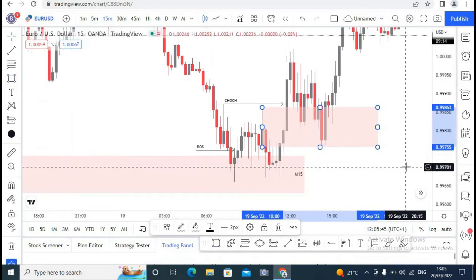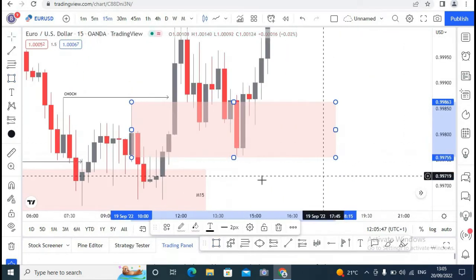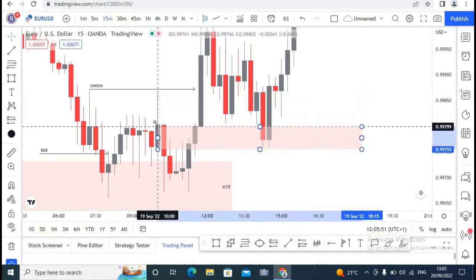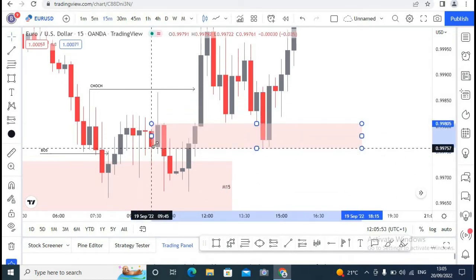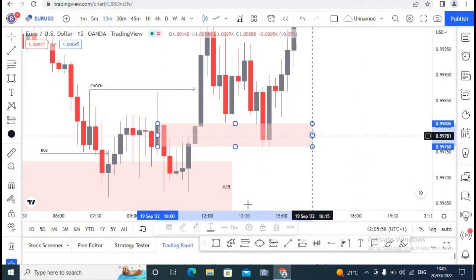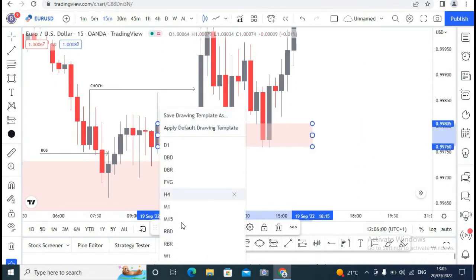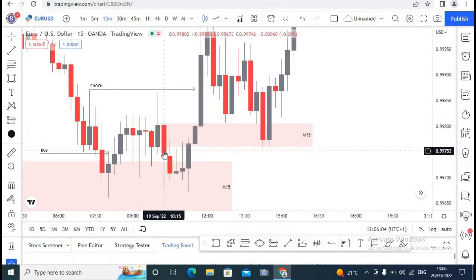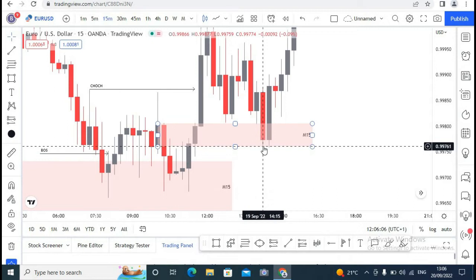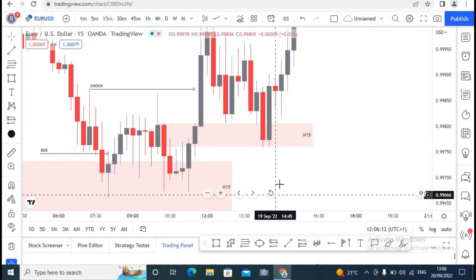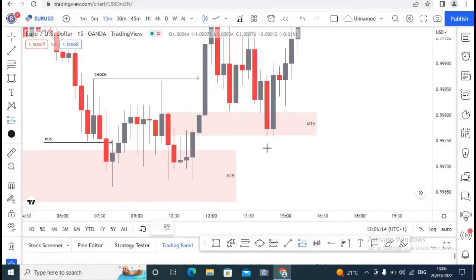The thing which you have to do when you have identified your breaker block, you have to use the last low, something which we use when we are looking for a sell mode. So this is a bearish engulfing candlestick right there. Now what you have to understand, once you have identified your breaker block, you have to use the same mode, right?